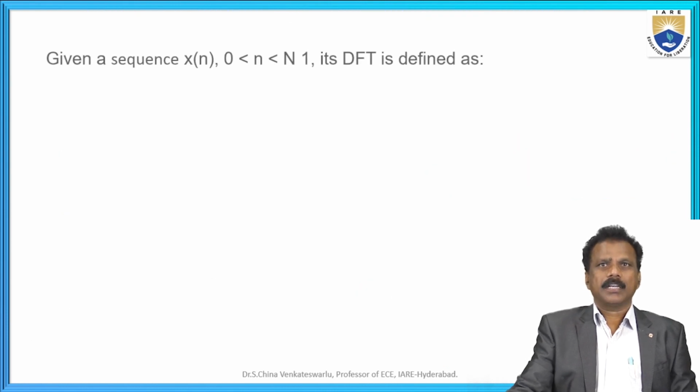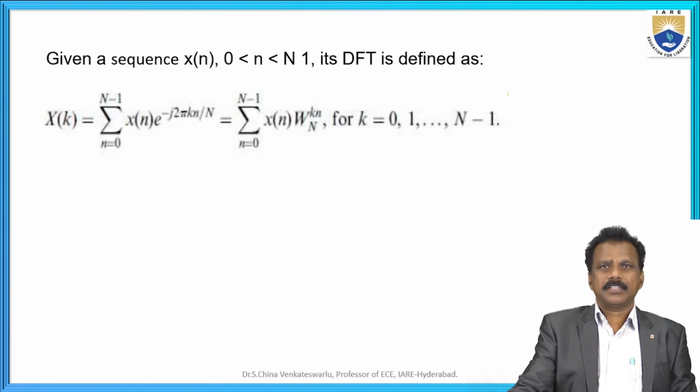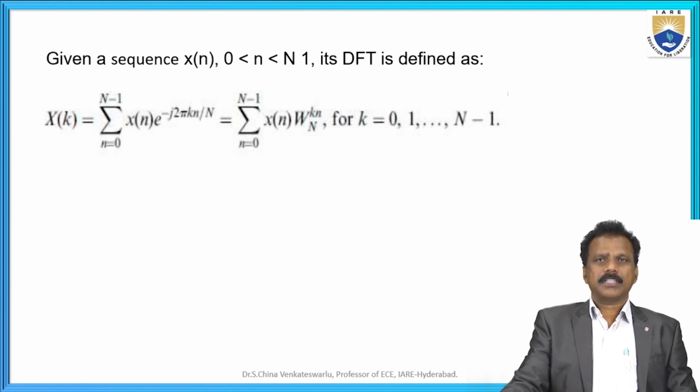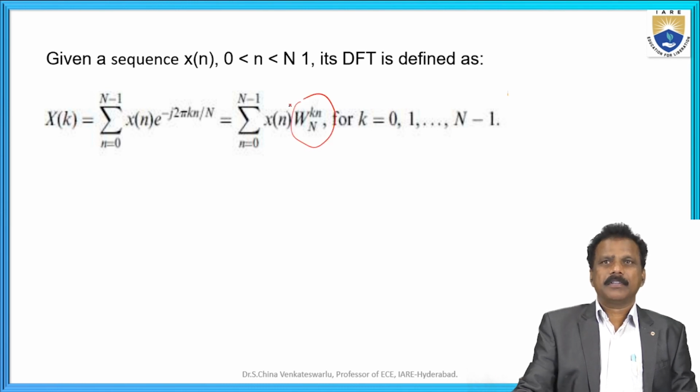Given a sequence x of n, 0 less than or equal to n less than or equal to N minus 1, its DFT is defined as X of k equal to the summation n equal to 0 to N minus 1 of x of n e to the power minus j 2 pi kn by capital N. It is also equal to the summation of x of n with the twiddle factor WN kn.